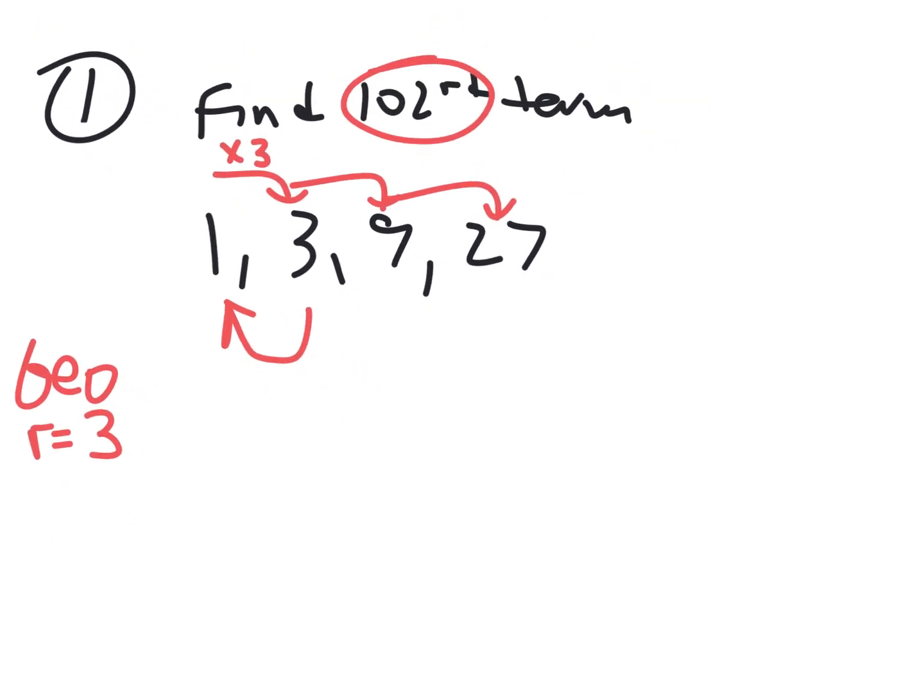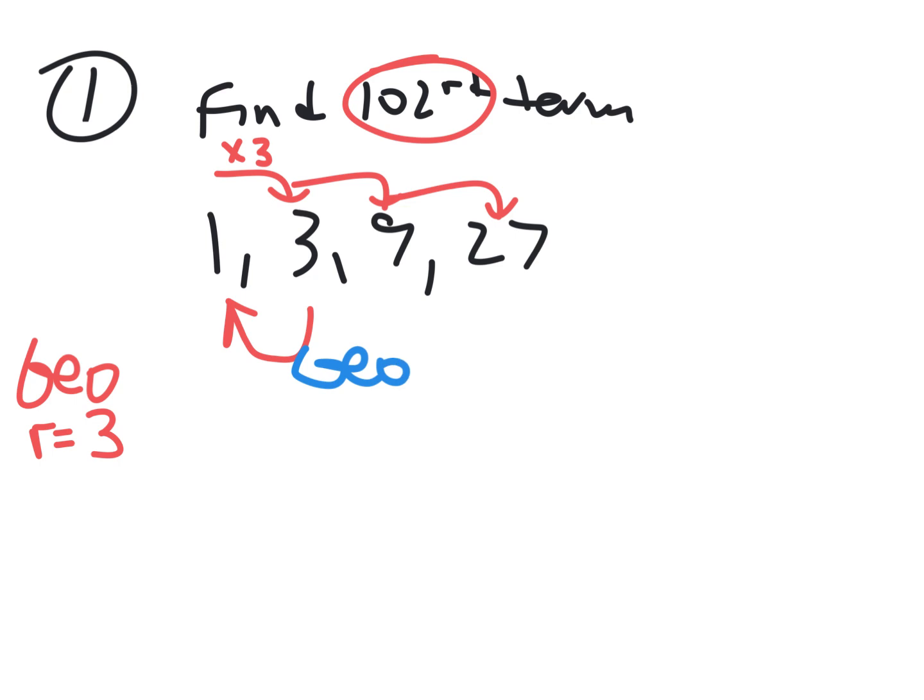What you're looking for is the geometric formula, because we just established this is geometric with an R value of 3. The geometric formula that is not a sum. S means sum. This is not a sum. So Jack, find me a geometric formula that's not a sum, and you'll probably have it.